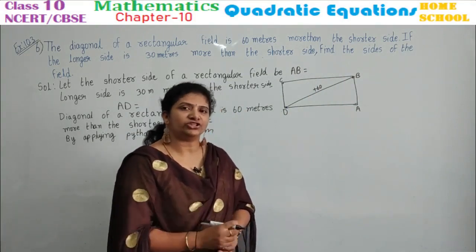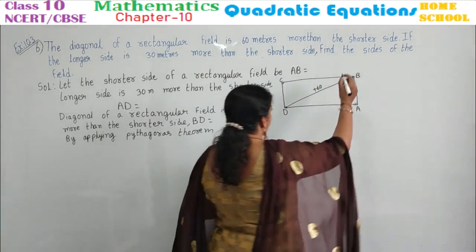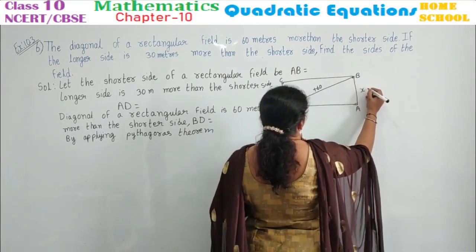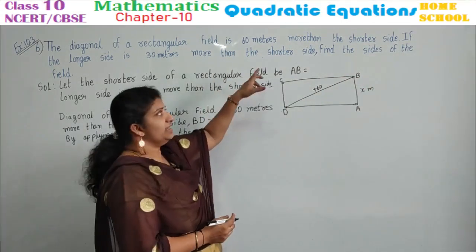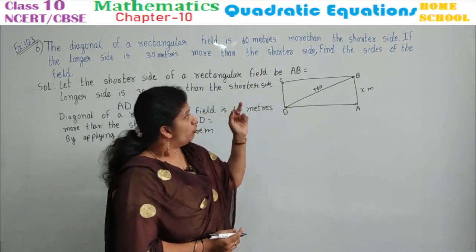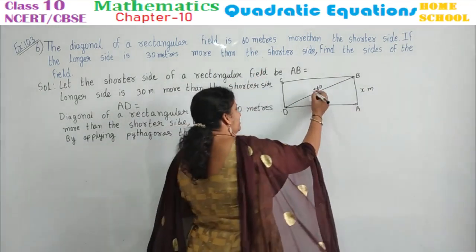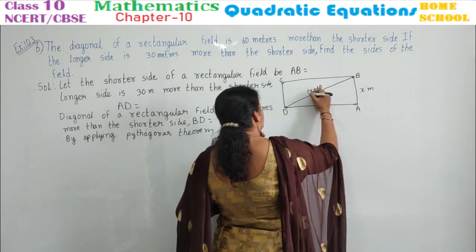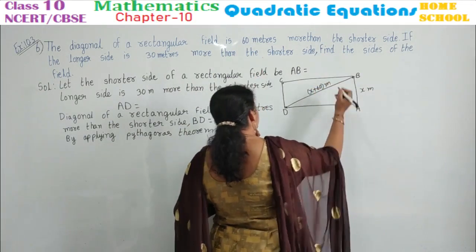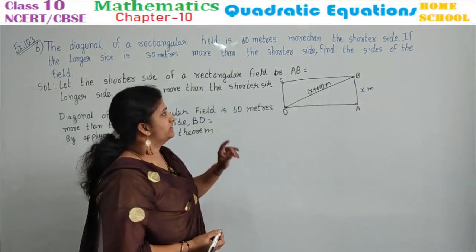First, we need to assume the shorter side. Let it be x meters. Diagonal is 60 meters more than the shorter side, means diagonal is x plus 60 meters.